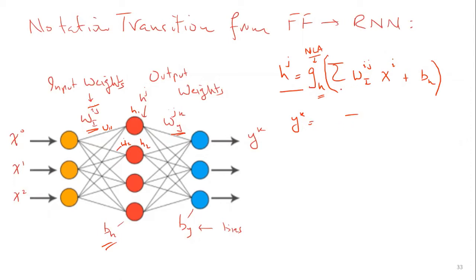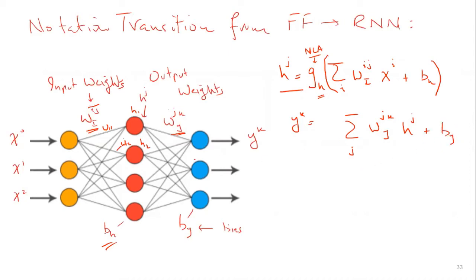By the way, the summation over here is over what? i or j? It's going to be over i, right? Okay, so now let's do this. What is this going to be? Wy. So we're going to sum over all j. So this is going to be wjk multiplied by h of j plus the bias b of y, right?